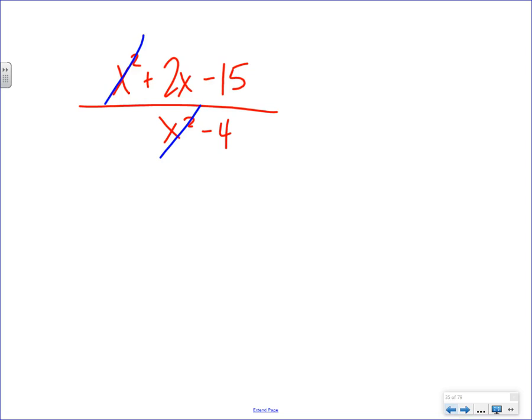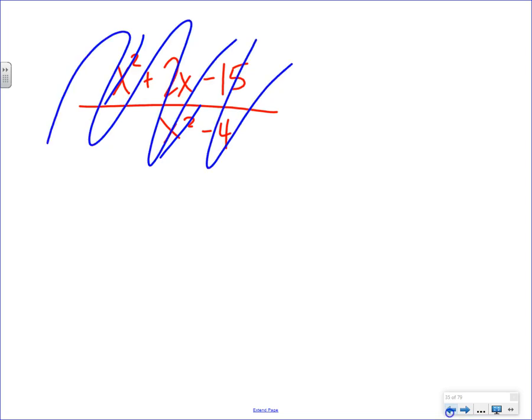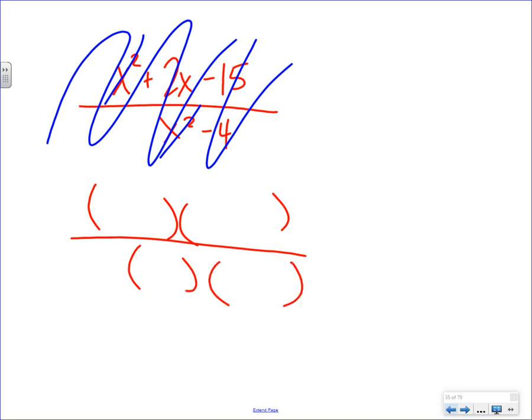What's the proper way of doing that problem? Factor. You cannot reduce unless they match top and bottom. And right now I have a trinomial and a binomial that are very different.